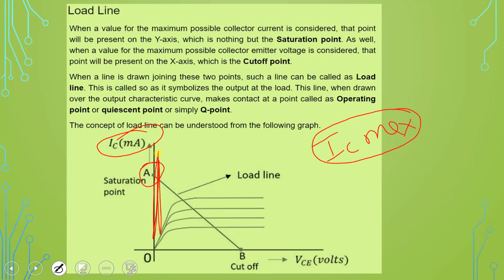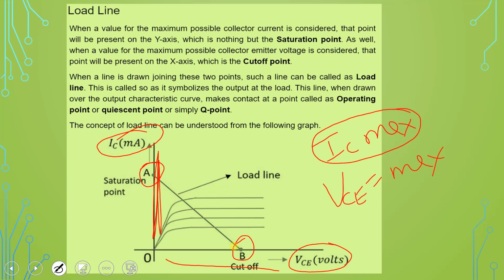Similarly, we consider the maximum possible collector-emitter voltage. On the x-axis we have the collector-emitter voltage, and this is our VCE maximum value on the x-axis, that is our cutoff point.